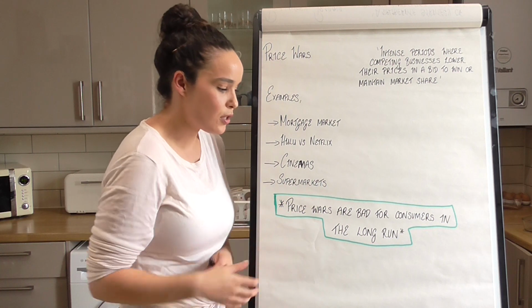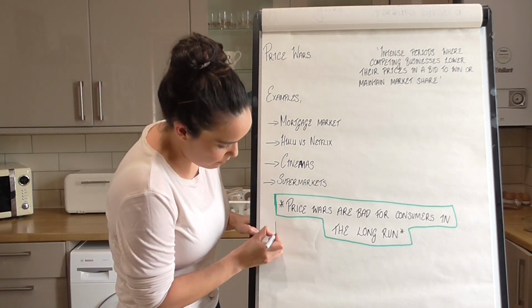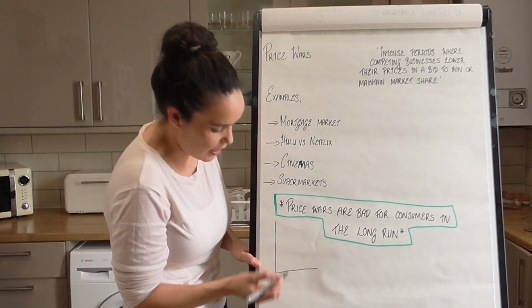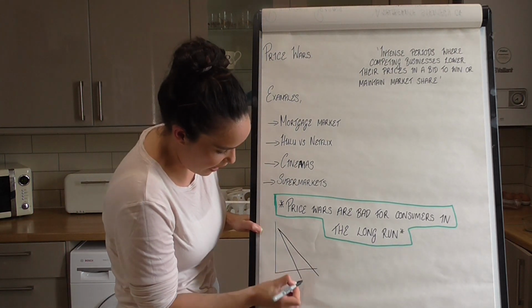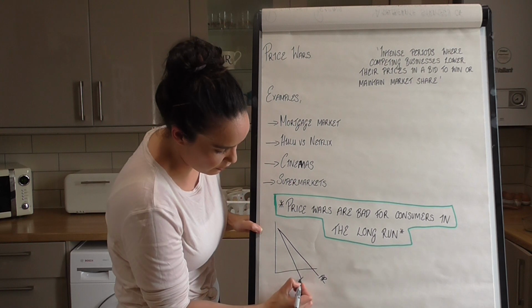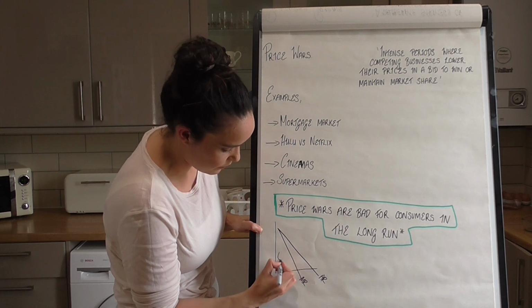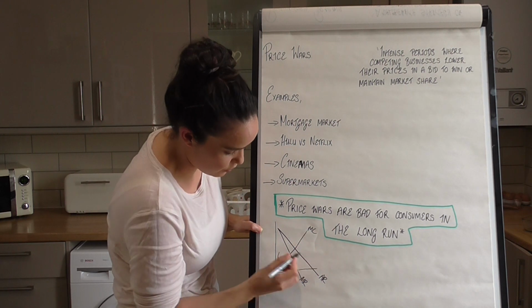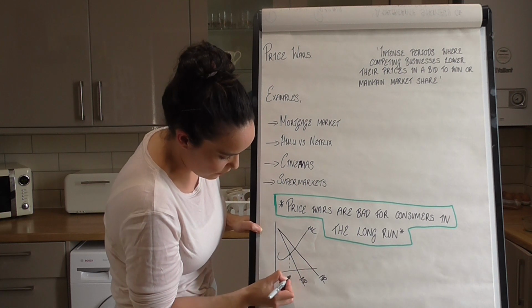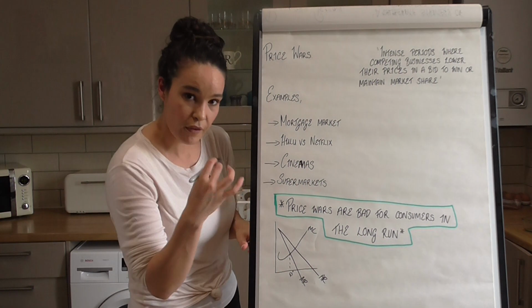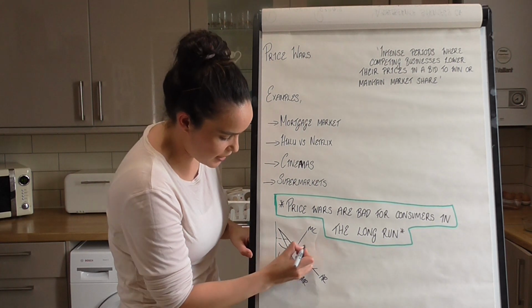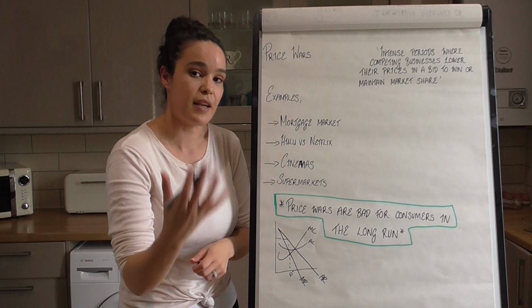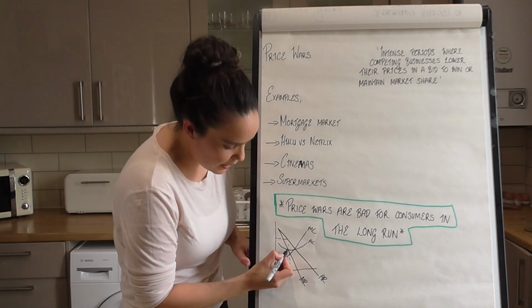So you can say it's good in the short run because of this idea here. You've got your price war, you've got your firm's AR, your firm's MR, and your MC. I don't know why I've drawn it so high, but I have. And remember, nothing else is changing for the firm. So the AC, unless they decide to invest in advertising, where it will increase, is staying.